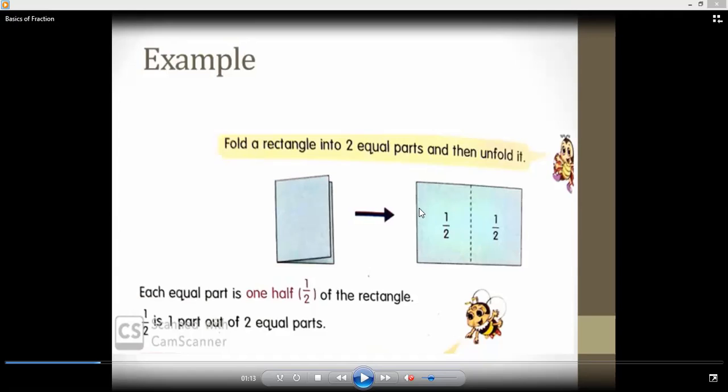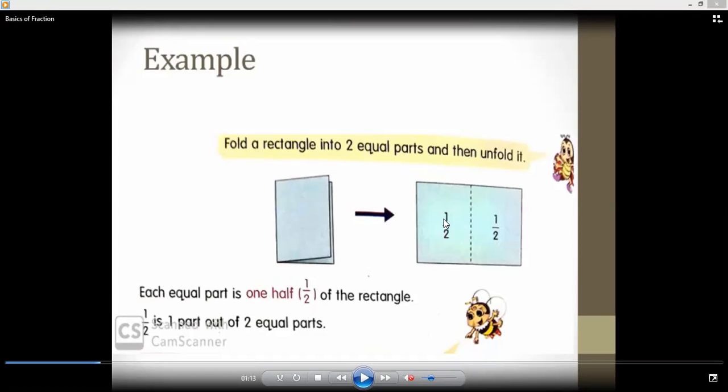So if I talk about this part, this is one part out of two parts, because there are total two parts. When I fold the paper and unfold it, I see that this paper is divided into two equal parts now. This part is one part out of two parts, and this part is also one part out of two parts.